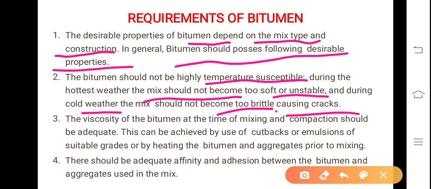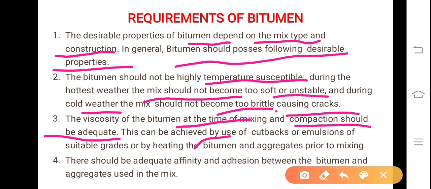It should neither become too soft or unstable, nor too brittle or hard, causing cracks. The viscosity of the bitumen at the time of mixing and compaction should be adequate.